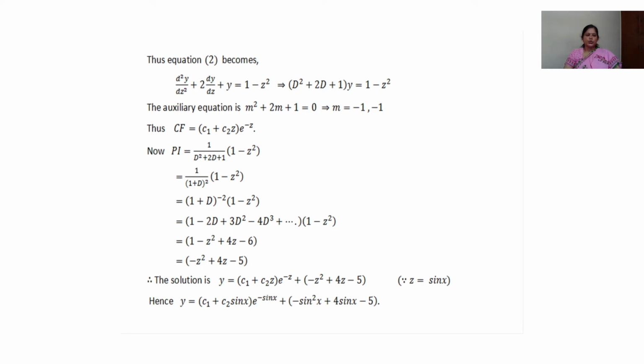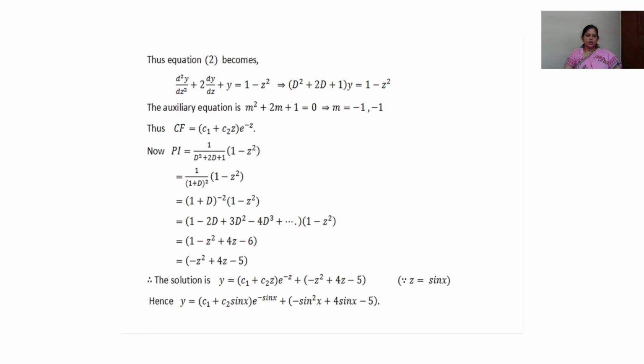Then minus 2d into 1 minus z square; if you differentiate that we will get plus 4z. Then the third term is 3d square into 1 minus z square, which gives minus 6. So the simplification is 1 minus z square plus 4z minus 6. If you simplify that, we have minus z square plus 4z minus 5 for the PI.